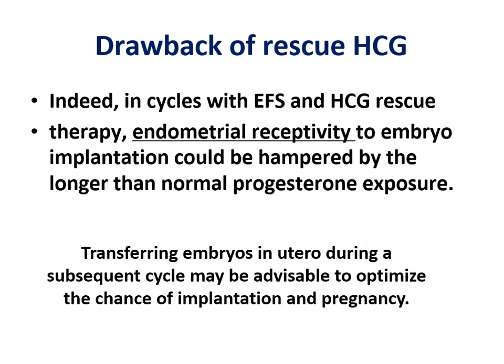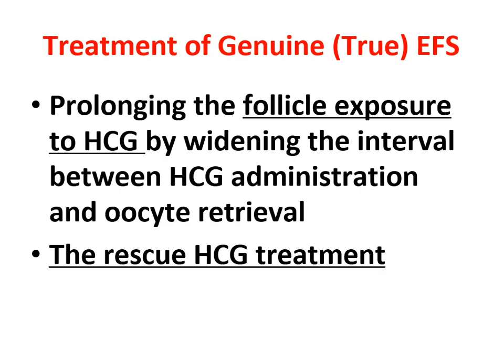The drawbacks of rescue HCG are the delayed aspiration and delayed transfer, and this may lead to a change in endometrial receptivity, so the implantation rate may be low in this protocol.